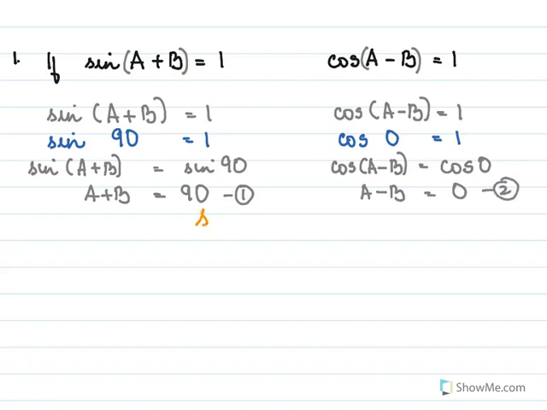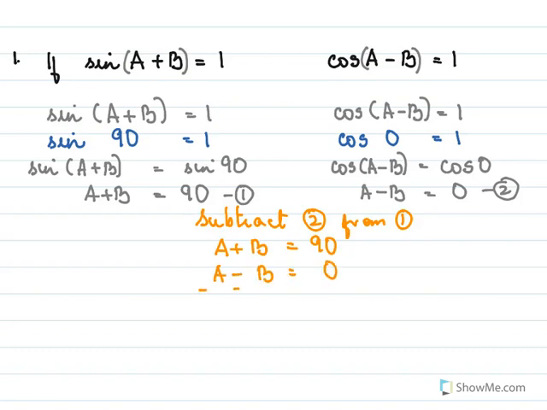Now I'll subtract 2 from 1. So I have a plus b equal to 90, a minus b equal to 0. We change the sign when we subtract, it cancels this. 2b equal to 90, b equal to 90 by 2, which is 45.